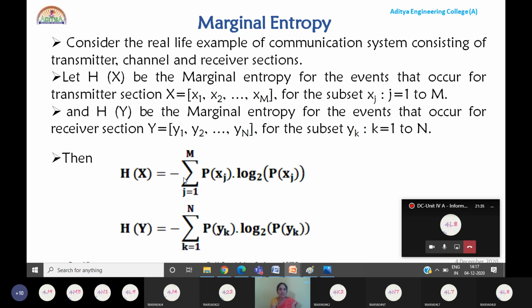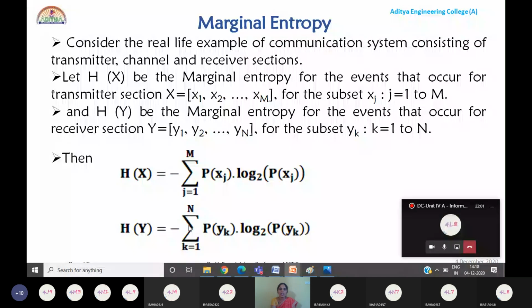Upon knowing the p of xj values, you can directly calculate the entropy of the transmitter section, or the entropy of a particular event capital X. Similarly, how can you calculate the entropy of capital Y, which we consider the receiver section?